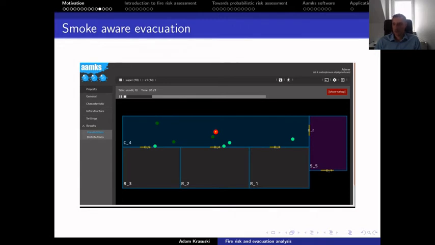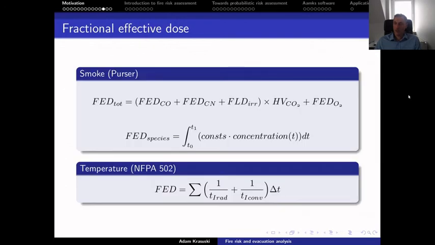So, if we would like to apply minimal smoke exposure for the joint fire and evacuation analysis, we have to define some measure for the exposure to the smoke. And the broadly accepted approach for measuring the effect of the contact with smoke is the fractional effective dose approach.